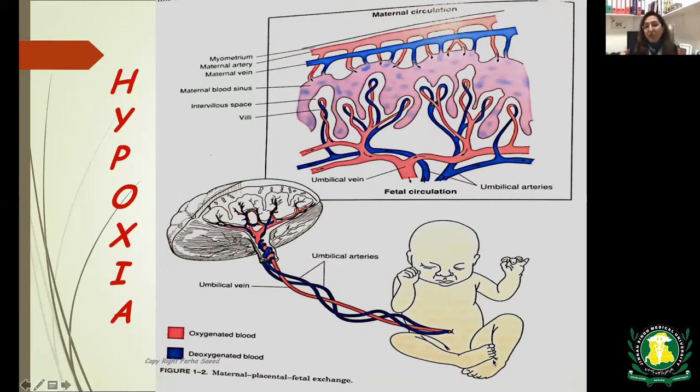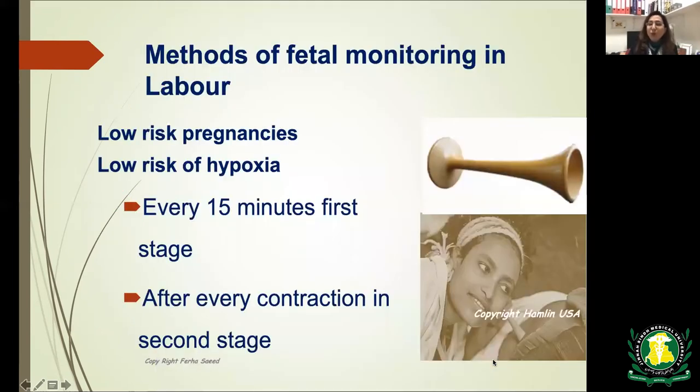So if you measure the pH and the oxygen level in these 2 vessels, you will find that the worse numbers are in the umbilical arteries.